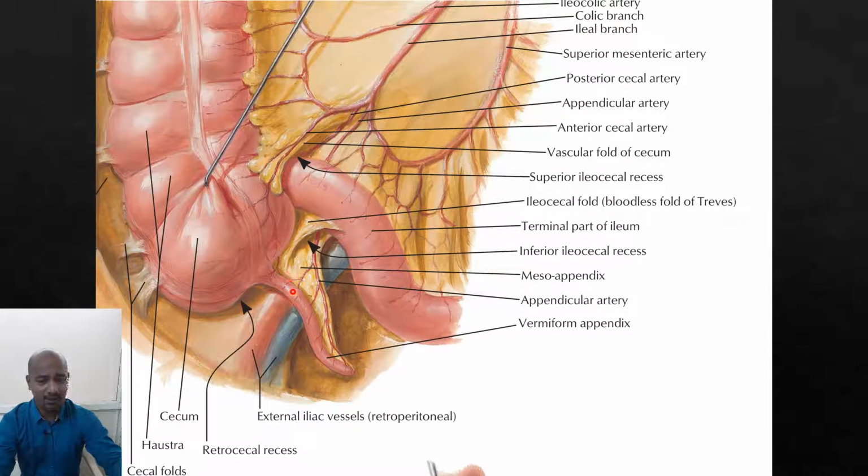So the serosa may be directly in continuity with the submucosa in those places. Everywhere else you will find an outer longitudinal layer covering the appendix.